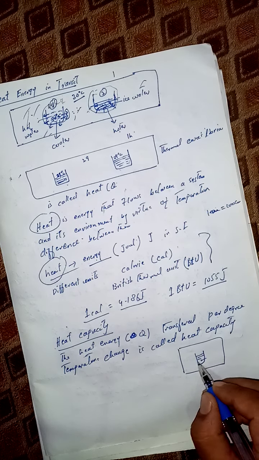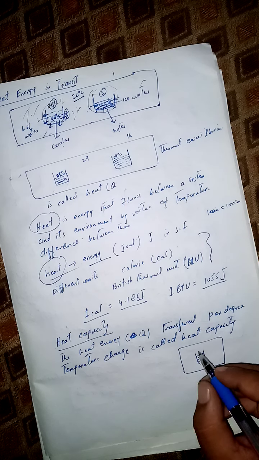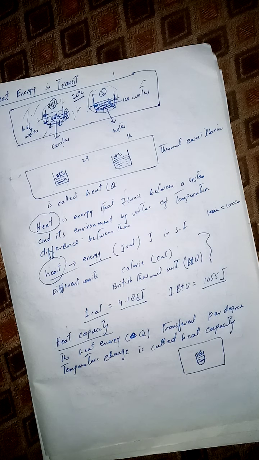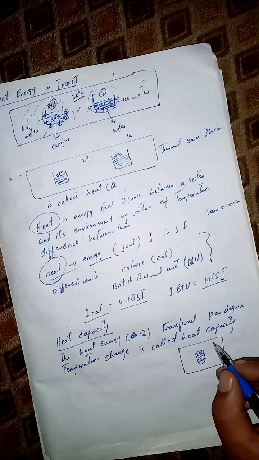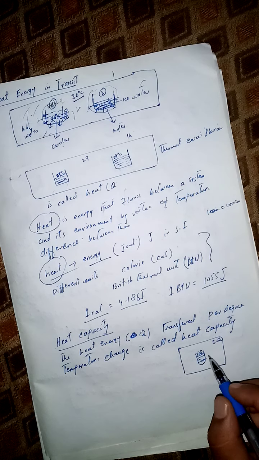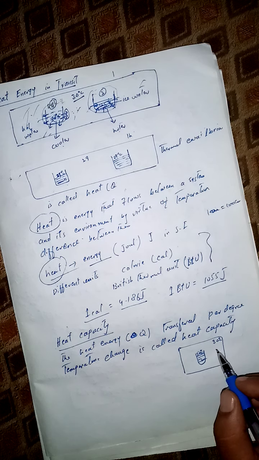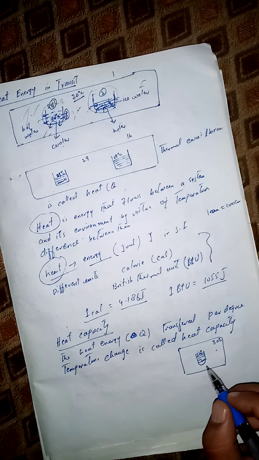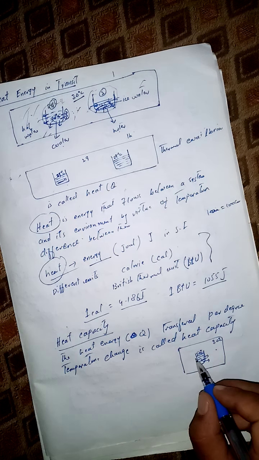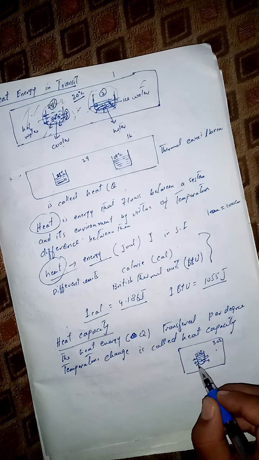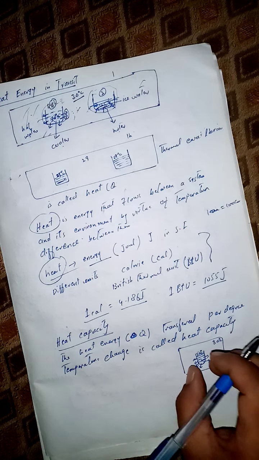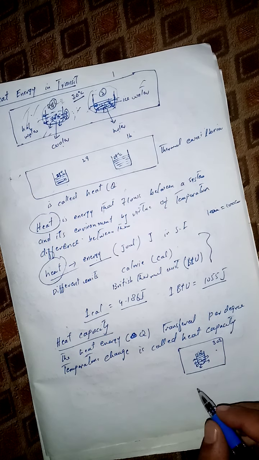Its initial temperature is, let's say, 50 degrees C, and we have the room, and the room temperature is 30 degrees C. Now there is a temperature difference between the glass of water and the room. Due to this difference, heat energy transfers from the glass to the room. Once heat energy is transferred, the temperature of the glass also decreases.